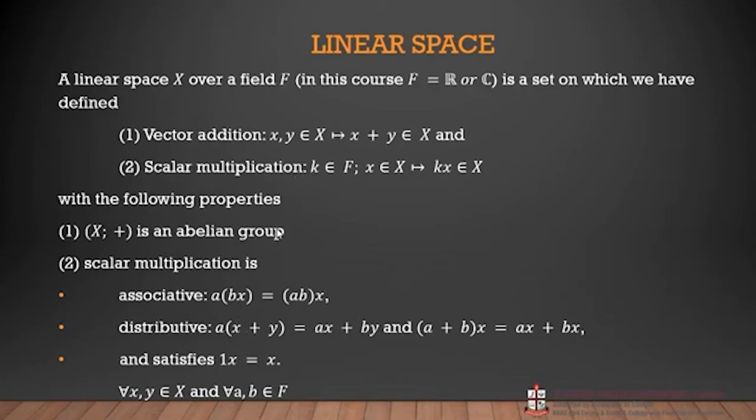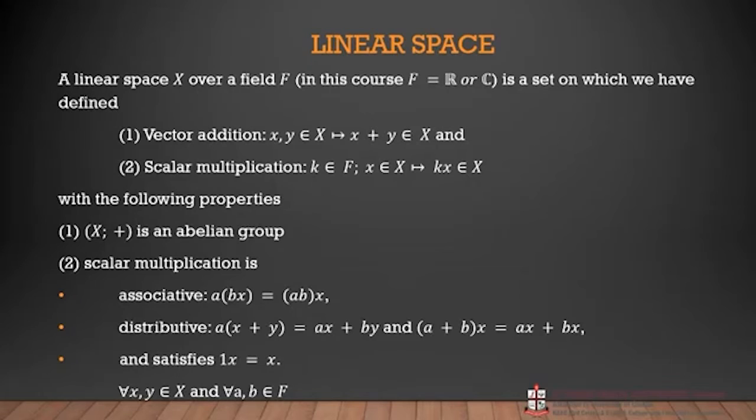The first property is that the set X together with addition should be an abelian group. And the scalar multiplication should be associative. That means here a and b are scalars and x is a vector: a times bx is equal to the product ab times x. And the distributive law should be satisfied.